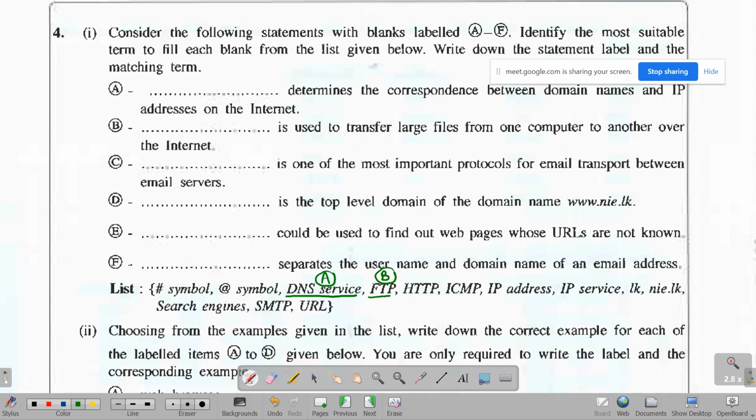It's the SMTP, Simple Mail Transfer Protocol, which is for C. And D is the top level domain of the domain name www.nie.lk. .lk is considered the top level domain. So this is going to be the answer for part D.